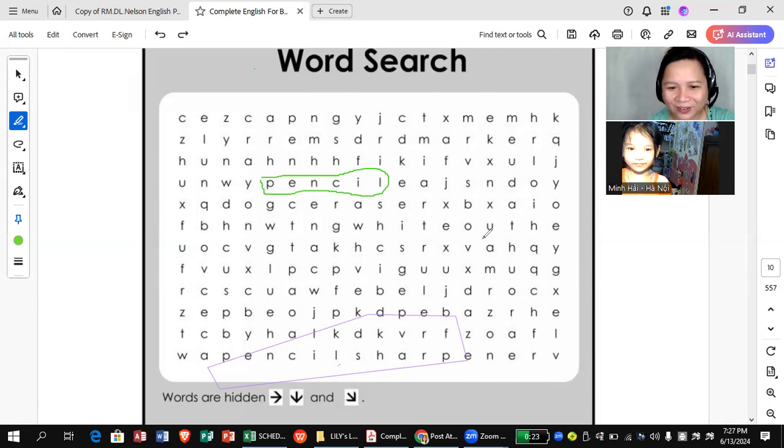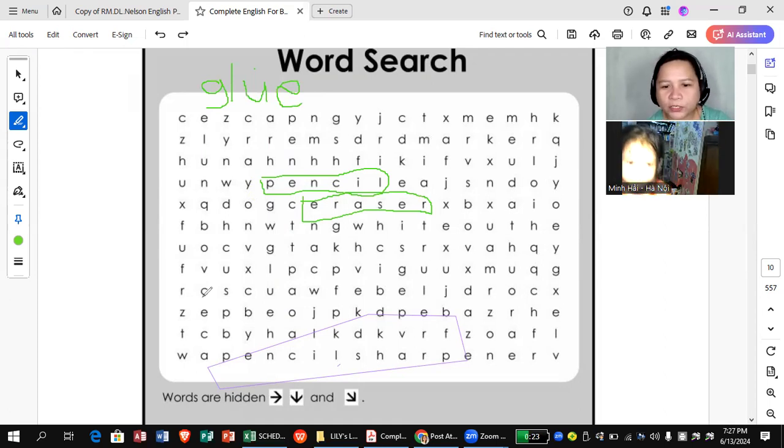No. Okay, so this is eraser. Okay, next. Can you find the word glue? Okay, let's find the word glue. Oh, it starts with letter G. Where is glue?